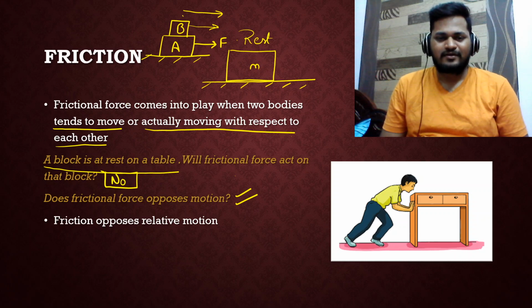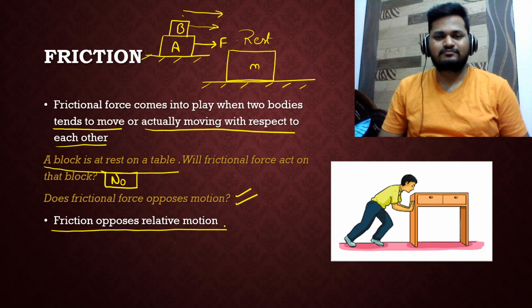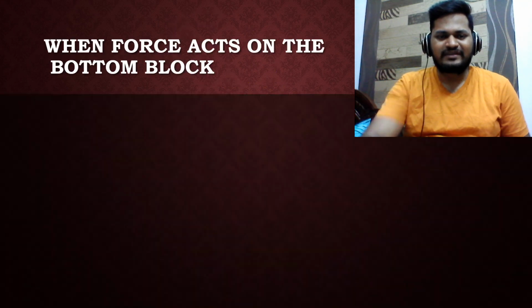Then how do I say that statement? I have to say friction opposes relative motion. Let us try to understand this with an example.